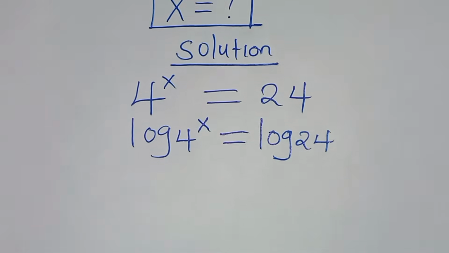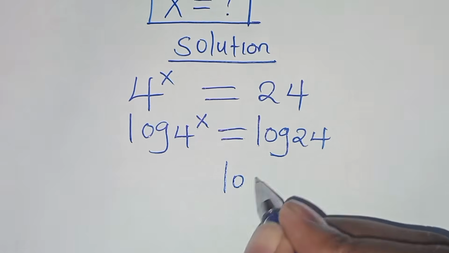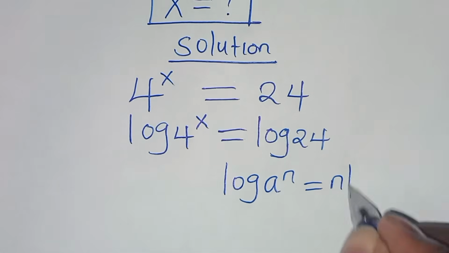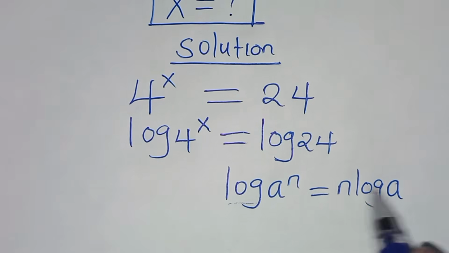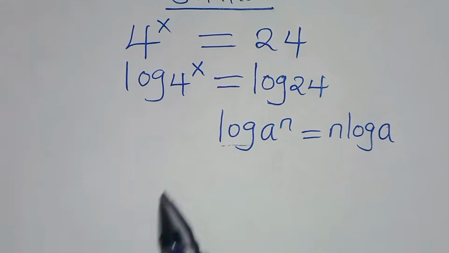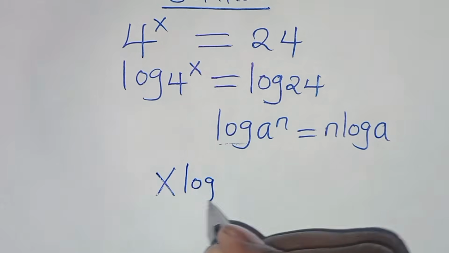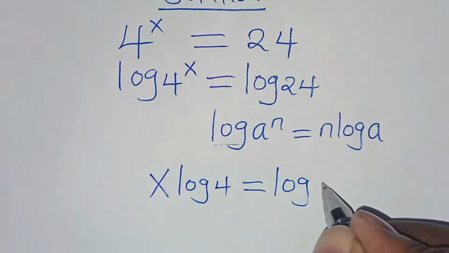The next step is that log 4 to the power of x is in the form of log a to the power n, which we can express as n log a. Applying this power rule property of logarithm, log 4 to the power x becomes x log 4, which is equal to log 24.